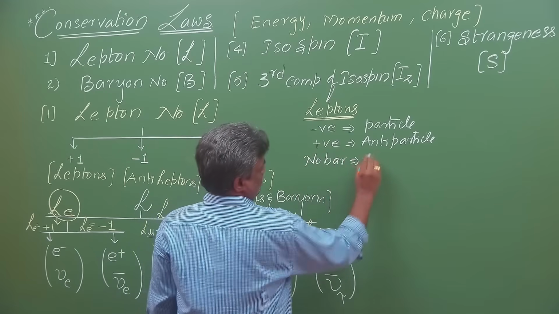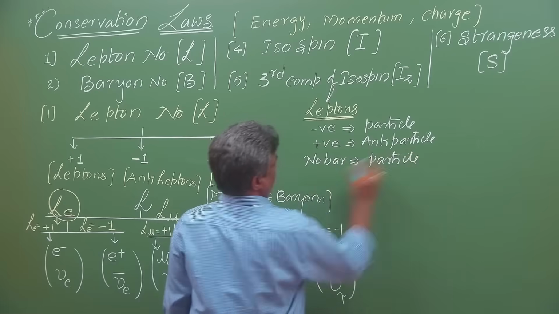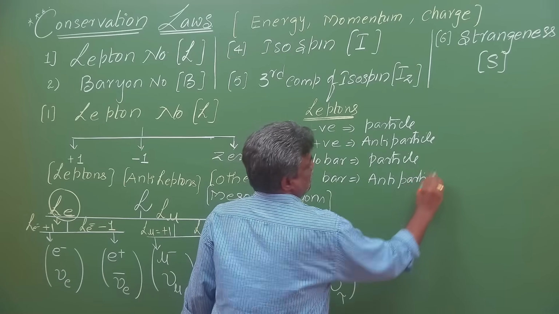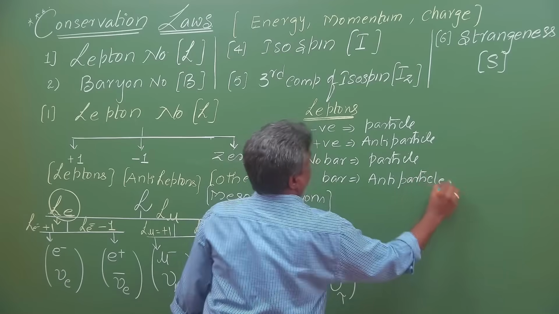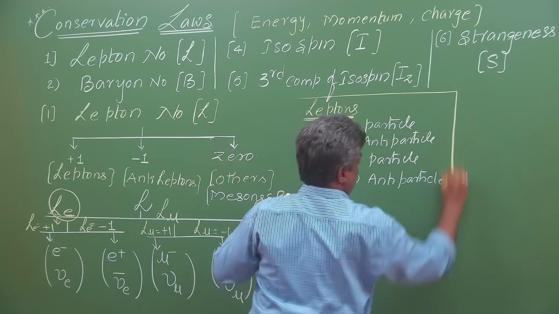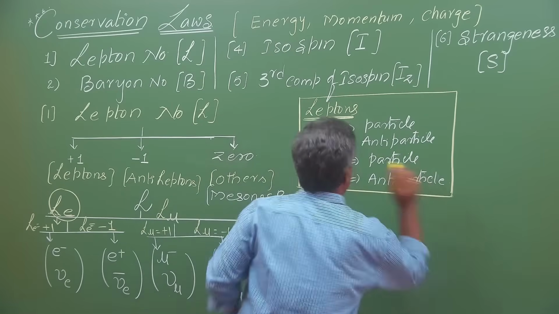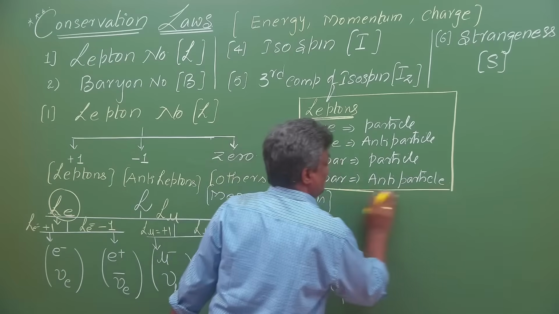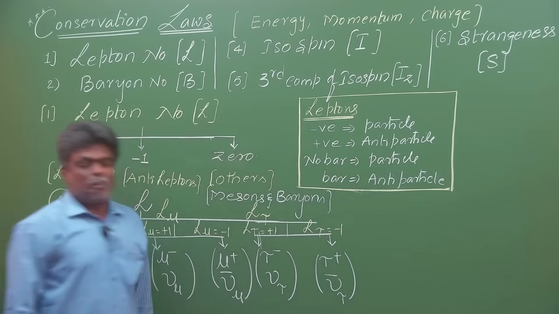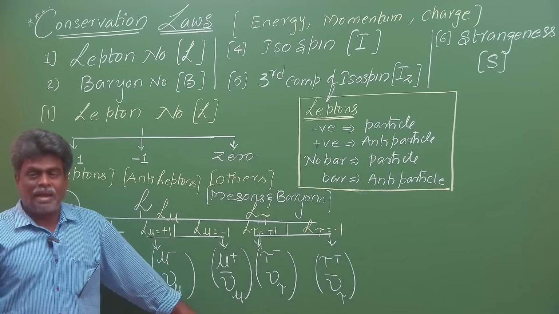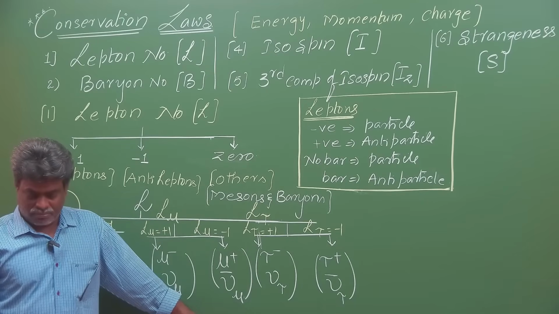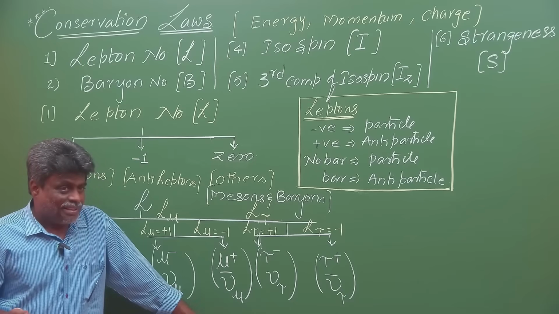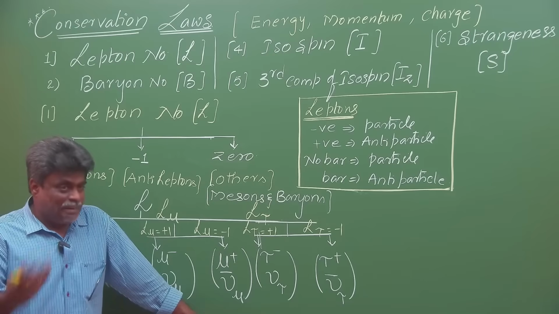No bar, particle. Sir, why are you saying like this? Because while you are answering the question in the exam, all the things will be mixed up. That's why you have to remember like this. It's a better way. Whenever you are dealing with leptons, how to identify whether it is a particle or antiparticle? Plus, minus, bar, anti.